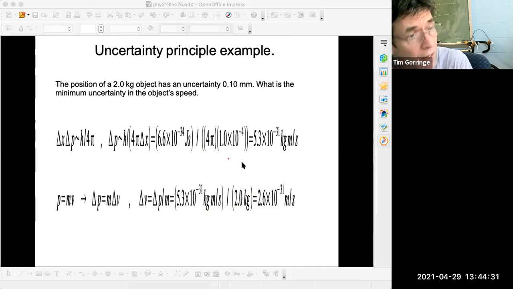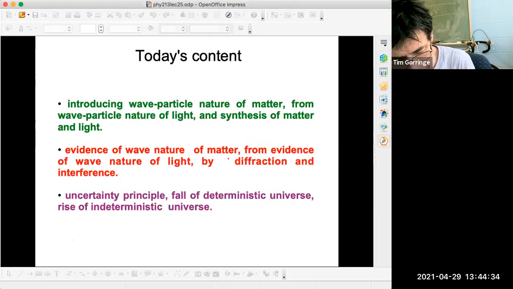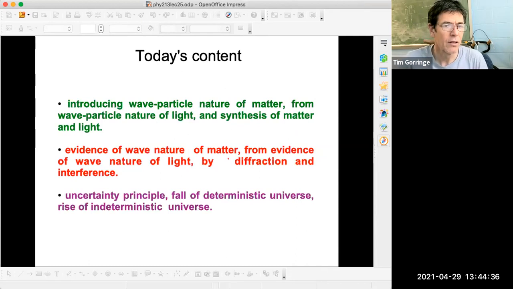Okay, I'm going to skip that slide and just conclude. So, like the previous class, we introduced the idea that light has particle-like properties. In this class, we've introduced the reverse, that electrons, matter, have wave-like properties. And these are the two fundamental ingredients in modern quantum physics.